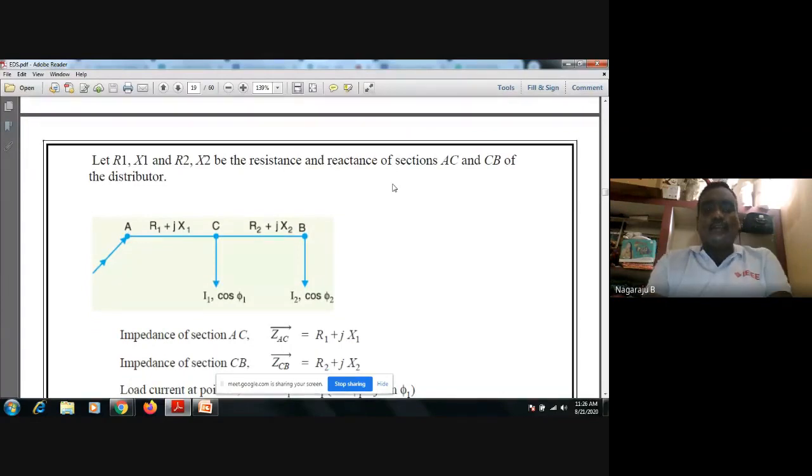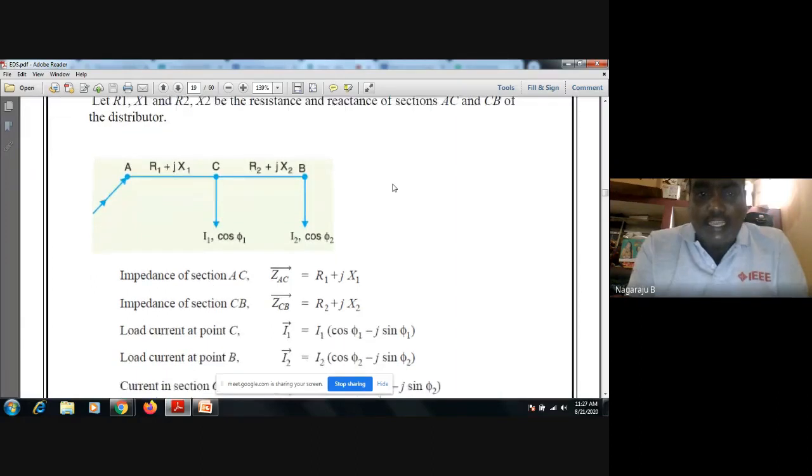Impedance of the section AC, represented with Z, is Z equal to R1 plus jX1. Impedance of CB is equal to R2 plus jX2.